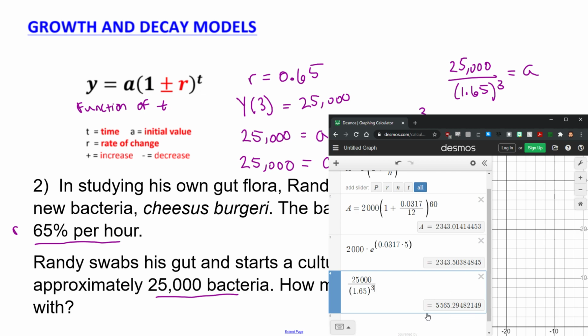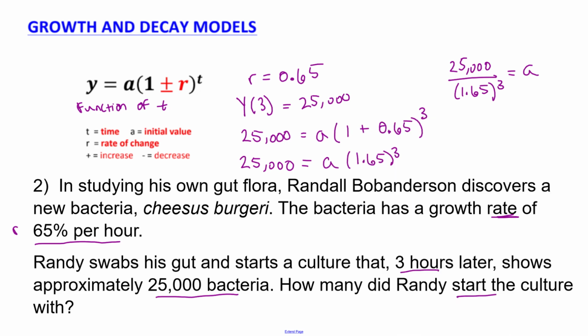So we're just going to round to the nearest whole number, or 5565. So this would be 5,565 equals A. So how many bacteria did he start with on his initial swab? He started with 5,565 bacteria.